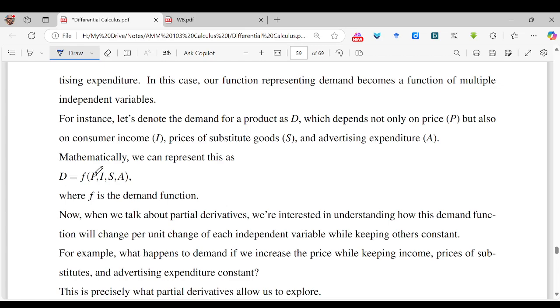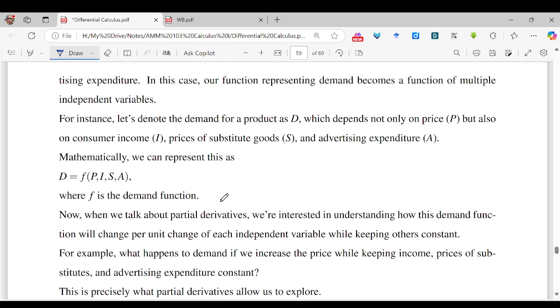This means that P, I, S, and A are independent variables, all affecting the demand D of the product. So in this case, f is the demand function.